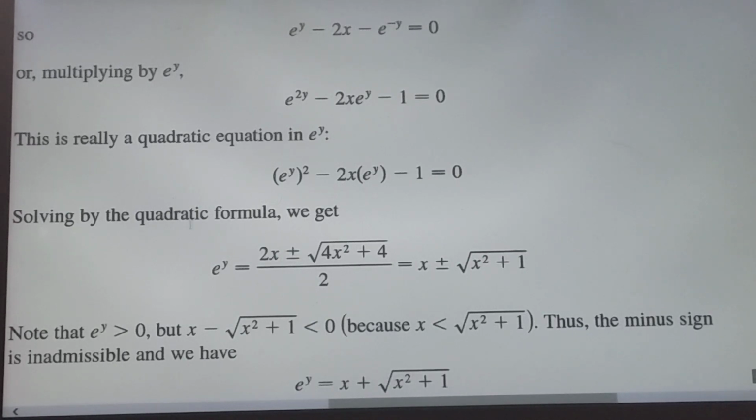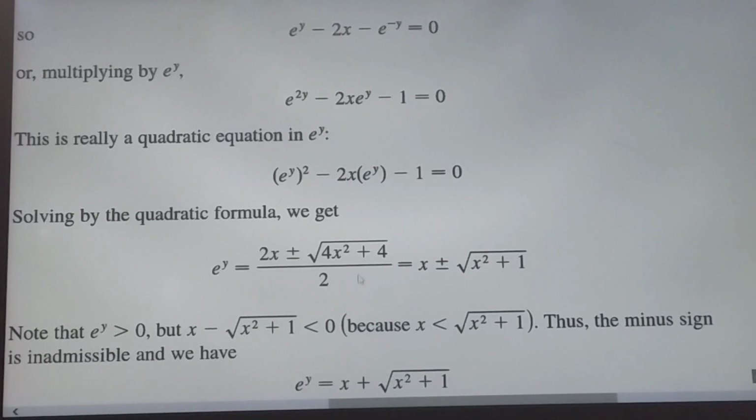Okay, so in other words, you are saying e to the power y, that is what you want to solve for. So e to the power y is equal to minus b, which means minus minus 2x, which becomes positive 2x, plus or minus square root of b squared. We said b is minus 2x, so b squared becomes 4x squared.